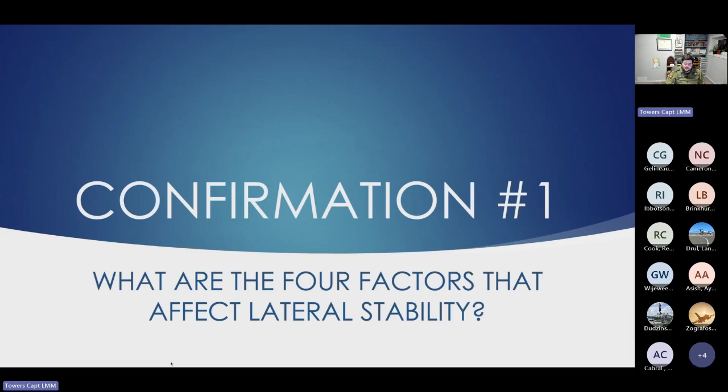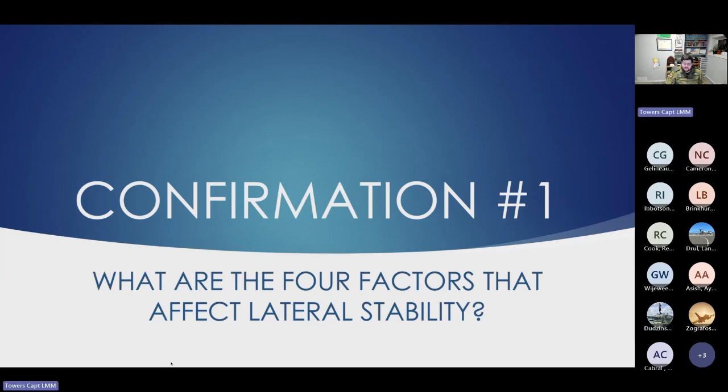All right. So question number 1, what are the 4 factors that affect lateral stability? Dudzinski. Can you hear me? Yep. All right, so the 4 factors are dihedral stability, sweepback stability, the keel effect, and proper weight distribution.